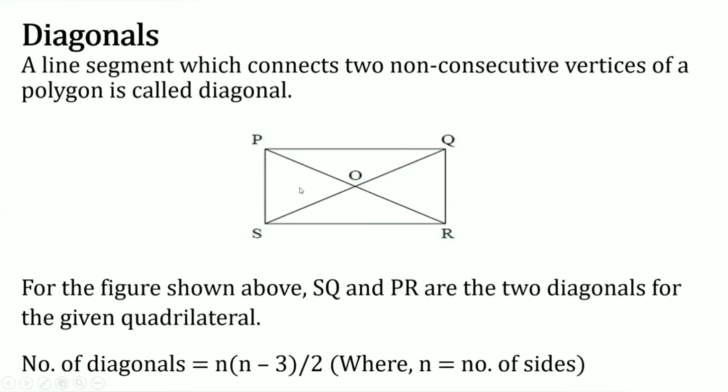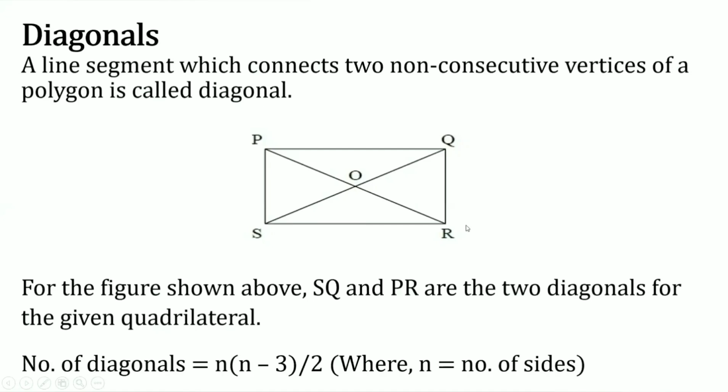Now, in order to find out how many diagonals a polygon can have, we're going to use the formula that the number of diagonals for any polygon is equal to n(n minus 3) divided by 2. Here n is equal to the number of sides.